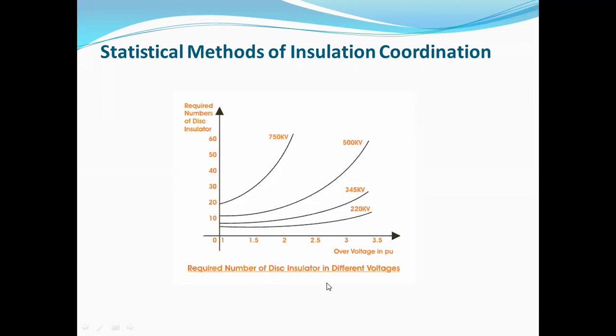These discs are mounted in a stack and form one string. You may have studied string efficiency in power systems. There are a number of discs, and these discs have some particular voltage magnitude. One disc is generally 11 kV, right?